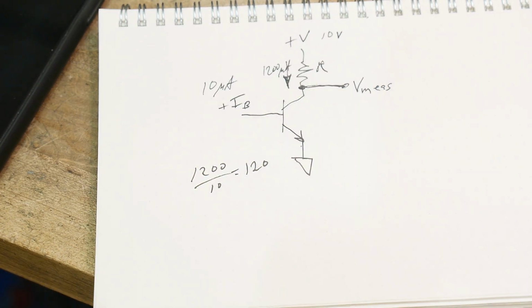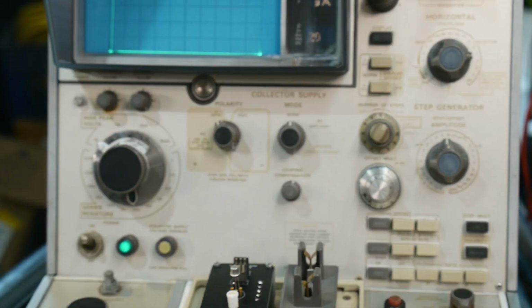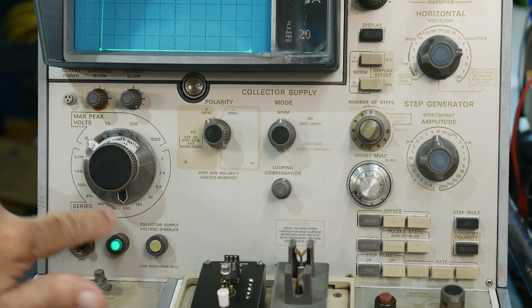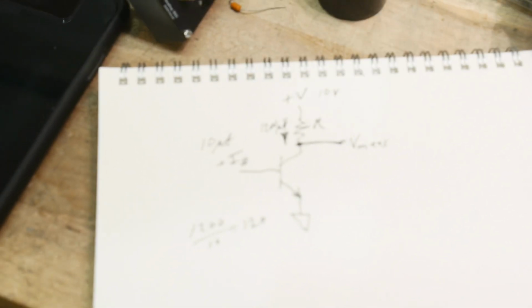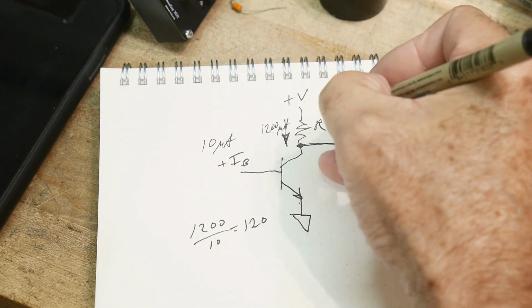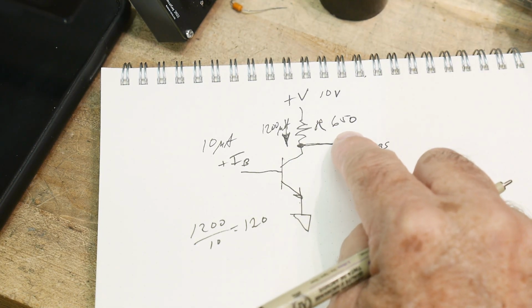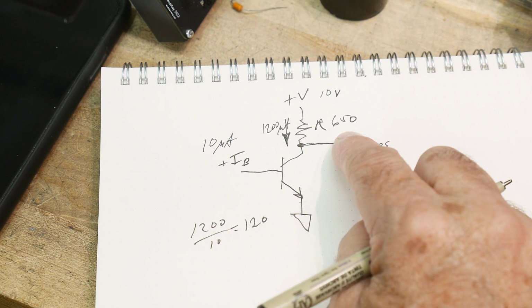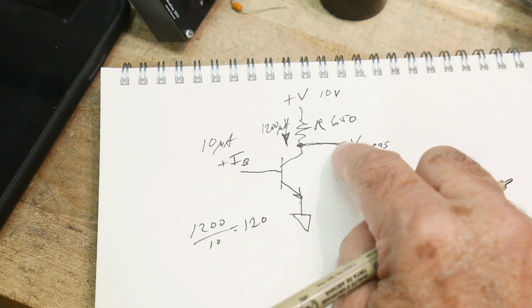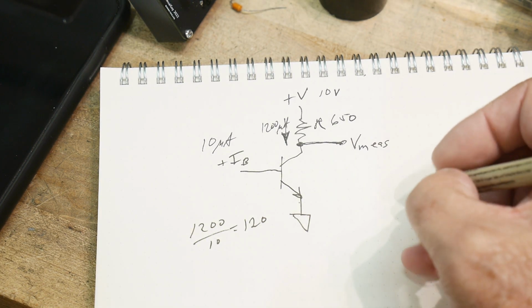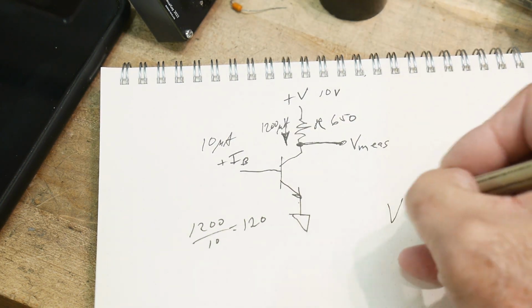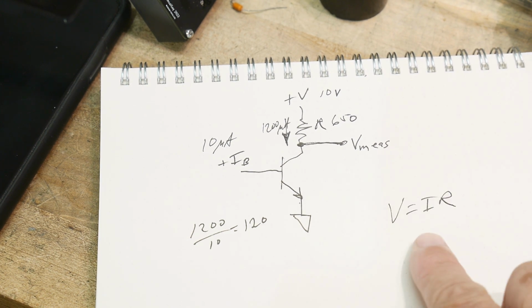But what resistor do we have? Well, that we can set on the machine. Right now, it's set on 650, okay? And so right now we have 650 ohms right here, right? Meter just beeped at me. 650 ohms. So remember, we have voltage equals I times R, right?